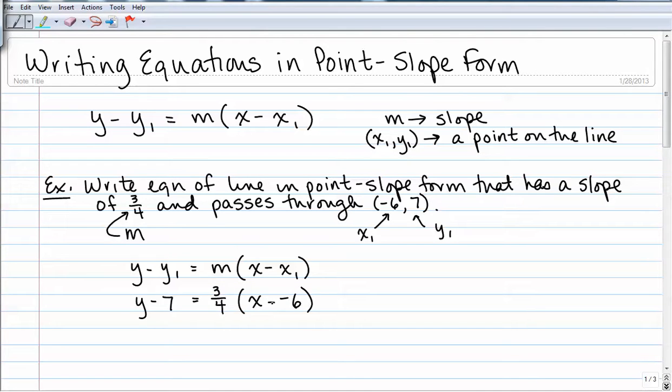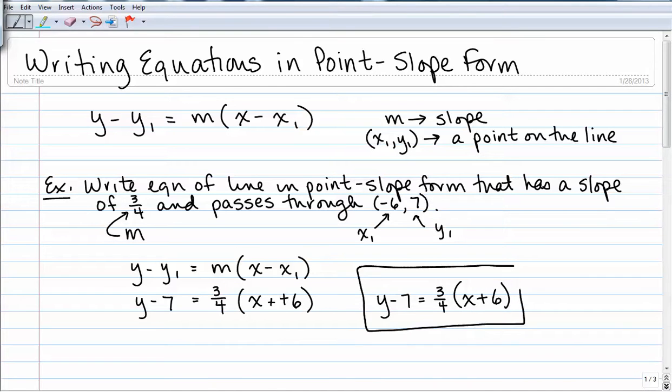And remember that when we subtract a negative, it's the same thing as adding a positive. So let's clean that up a little bit. Y minus 7 equals 3/4 times x plus 6. And that's your final answer.